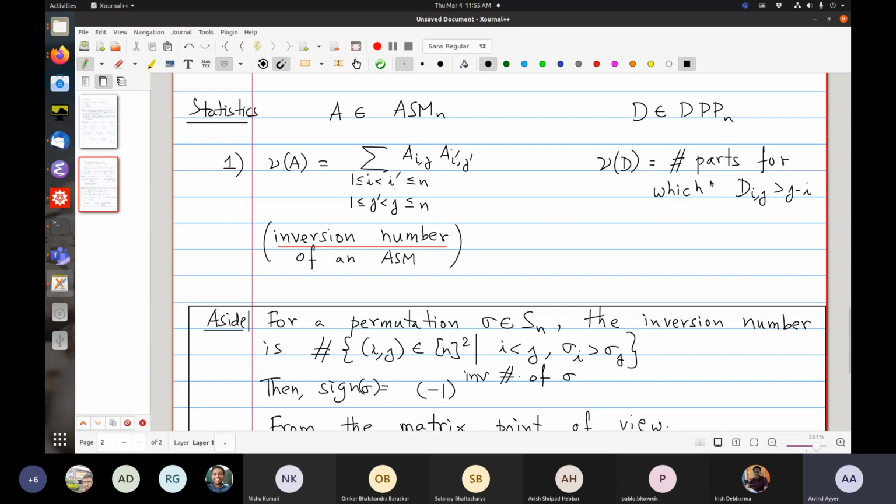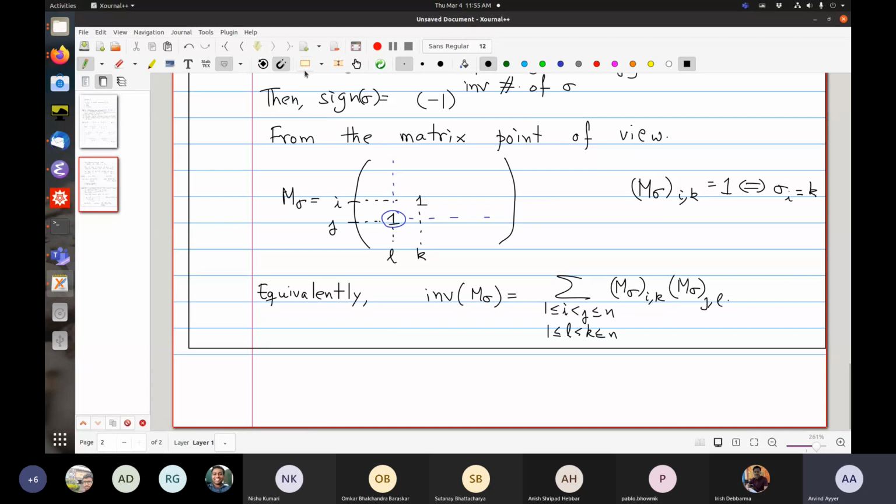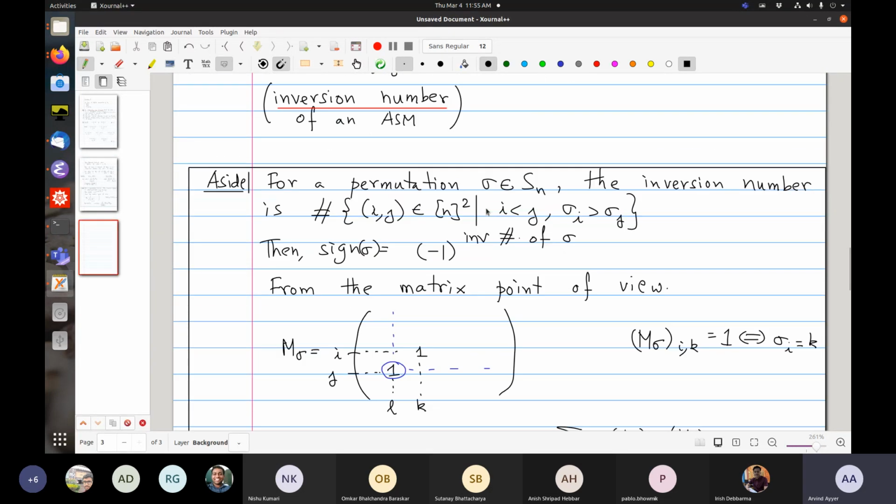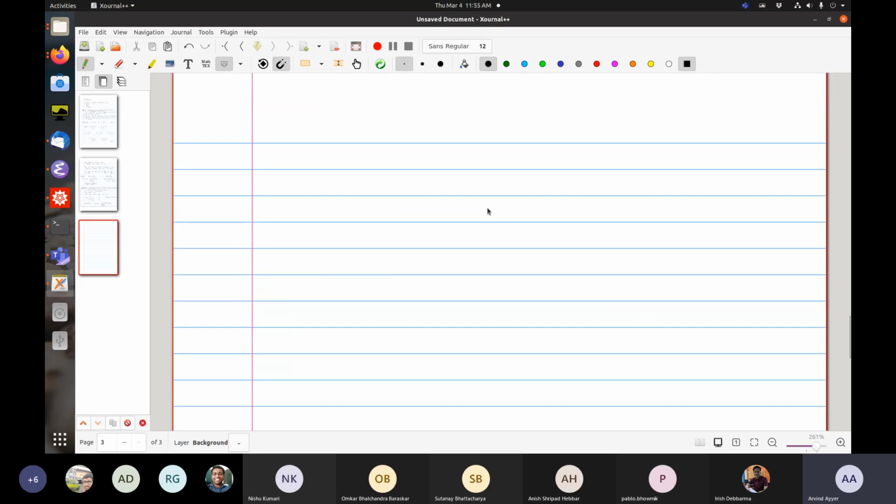I'm not trying to give you any intuition for all of this because, as I said, we are still in the advertisement stage. So this is one statistic. Now let me describe the second statistic. Remember, this column corresponds to A in ASM n, and this column corresponds to D in DPP.